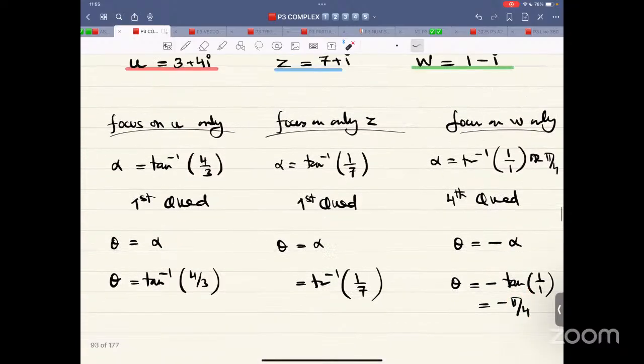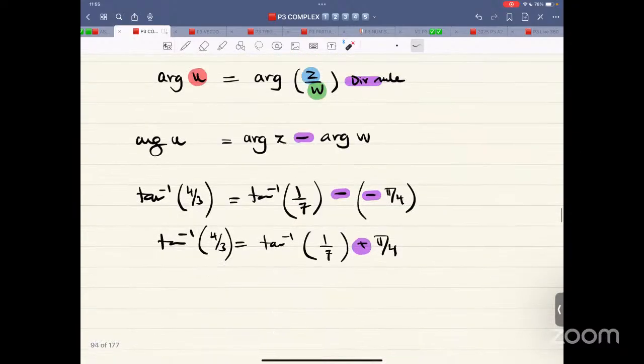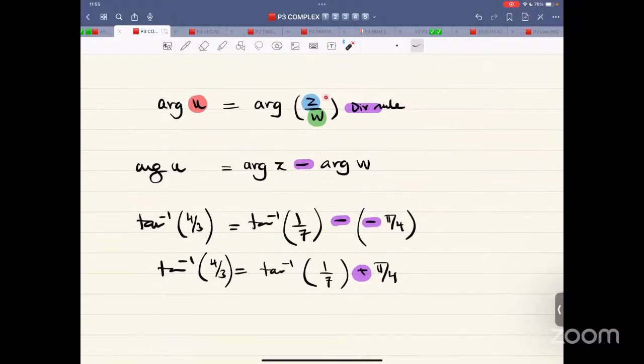Got the idea? Now the relationship is this thing. Argument of U is argument Z over W, the division rule. So now over here, we have this thing, argument of U. And argument of Z, that is this thing.